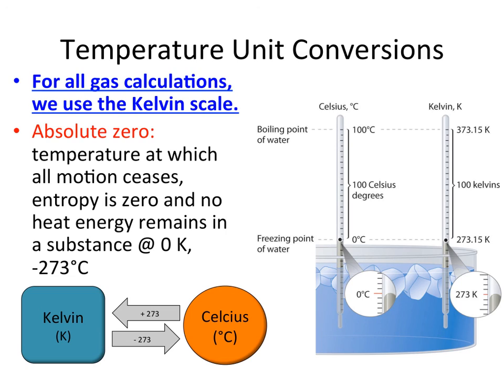Entropy is zero. Entropy, if you're not familiar, is disorder. So at 0, there's no kinetic energy. All the molecules are not moving, so they're very, very close together, and entropy is very, very small. So what we use is kelvins for all of our calculations in the gases.